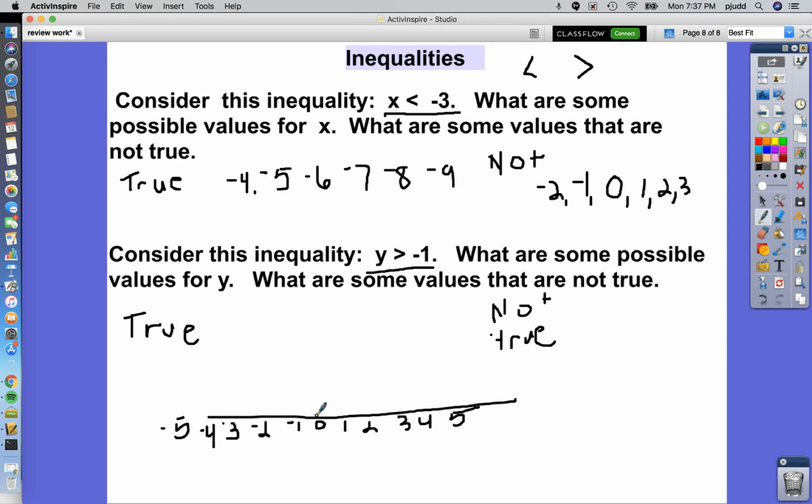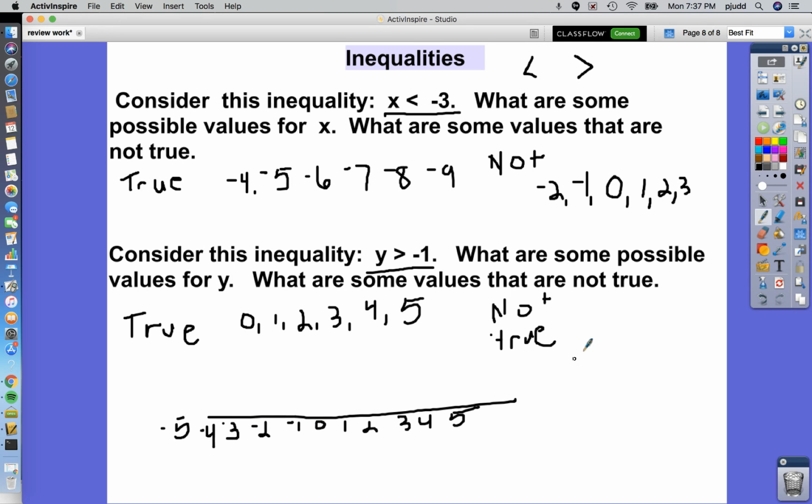So greater than -1, 0 is greater than -1. 1 is greater than -1. 2 is greater than -1. 3, 4. Okay, all of these are greater than -1. What numbers are not true for greater than -1?